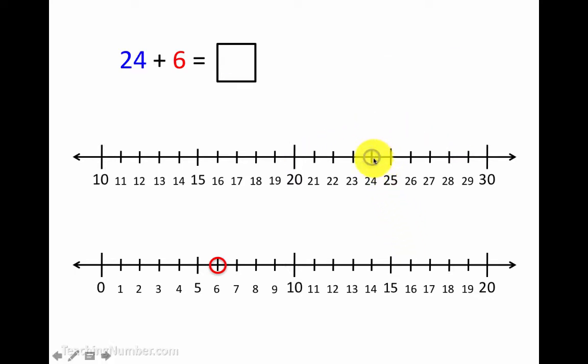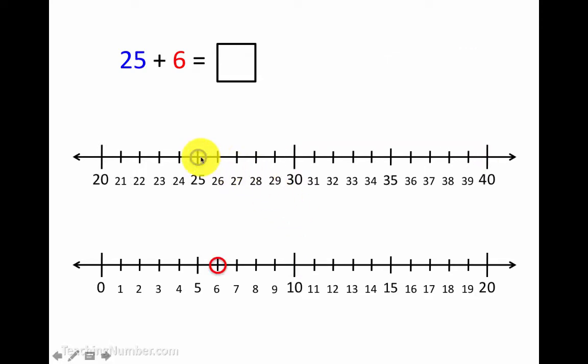In this problem, 24 is a distance of 4 from 20, and 6 is a distance of 4 from 10. Thus, it doesn't matter which we use to create a 10-friendly equation. Either way, we will get 20 plus 10, which is 30.